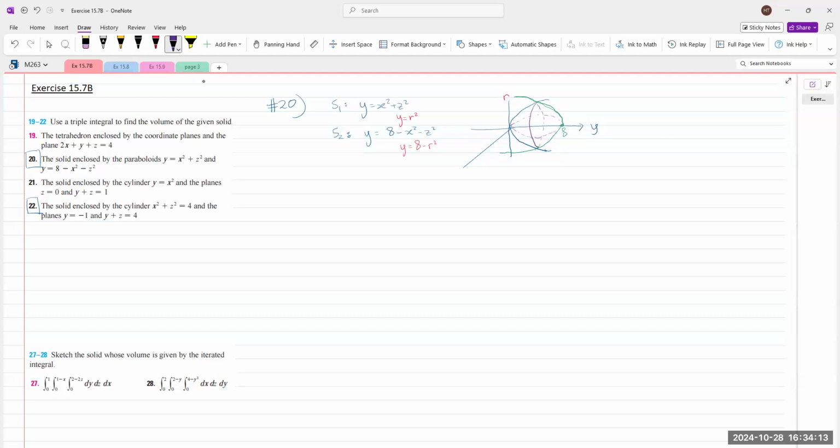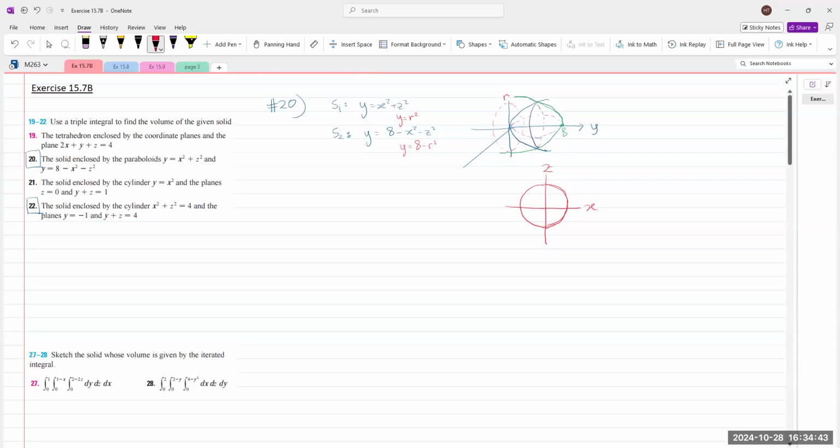Now then, what is the domain? If we project the shadow of this solid on the xz plane, that will be a disk, right? Notice that that will be our domain of integration later on in the outer two integrals.